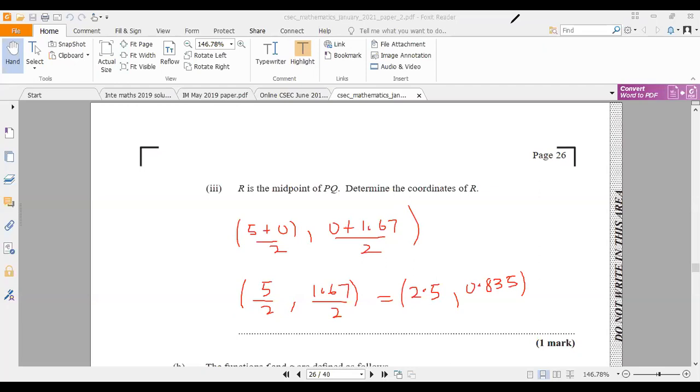The length formula: square root of x2 minus x1 squared, plus y2 minus y1 squared. So let me put everything down, you just write it down.